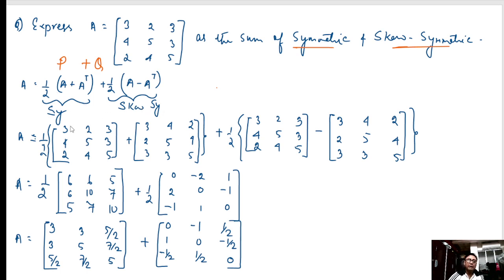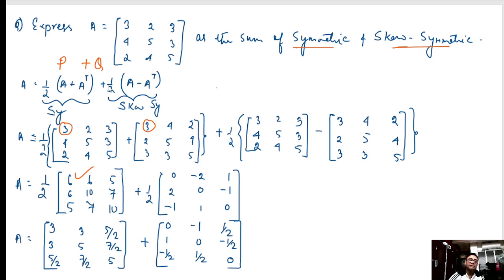So see, half of A plus transpose of A. Transpose means the rows and columns will be interchanged. Now add these two matrices, the same positions will be added. So we are getting this half.